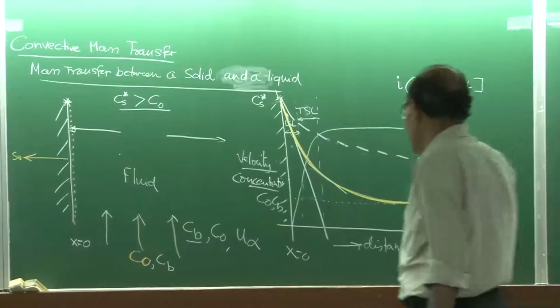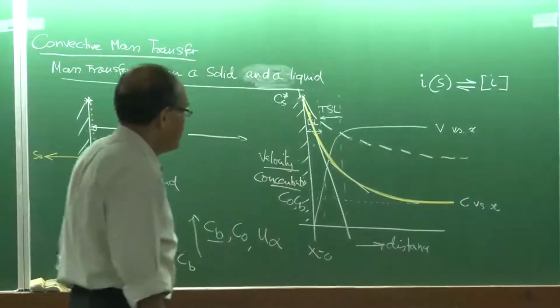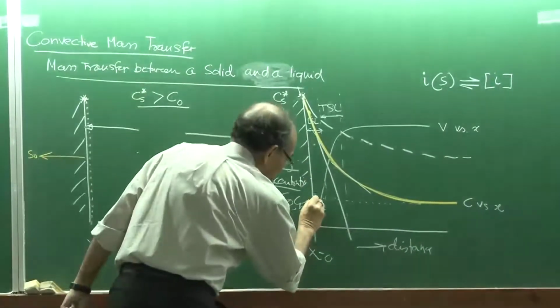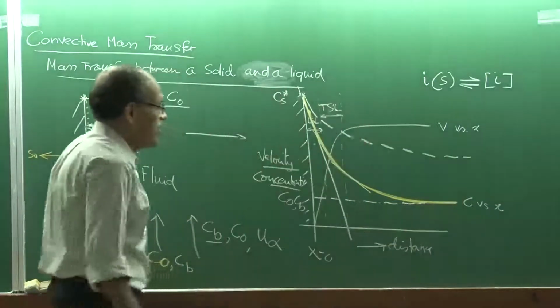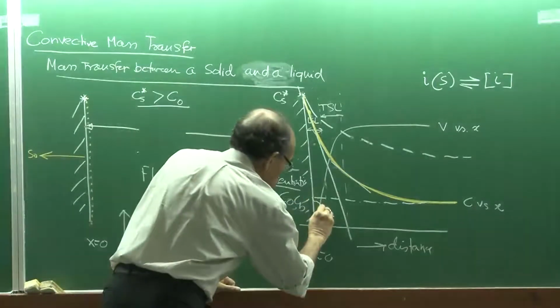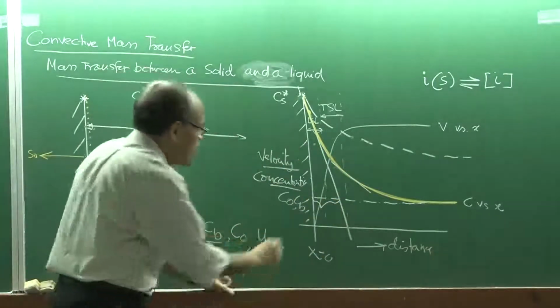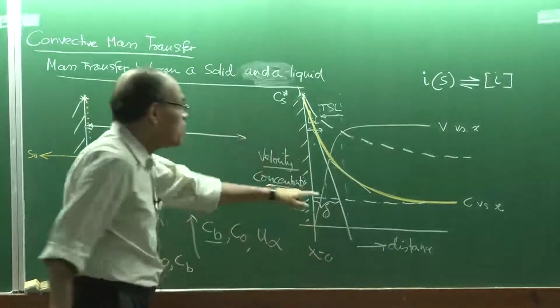Now, if we look at this, this is an important distance here. If this distance is represented, this is not the boundary layer.